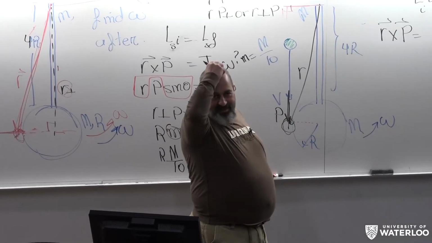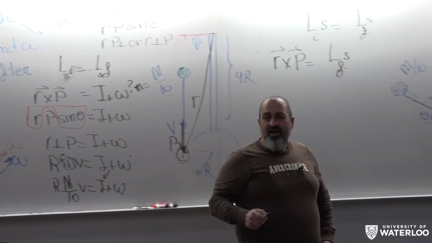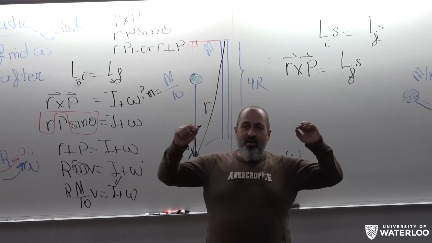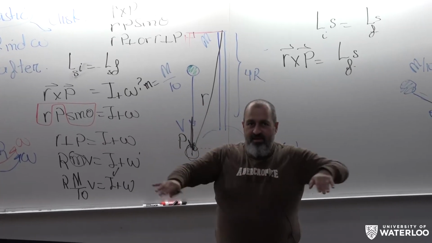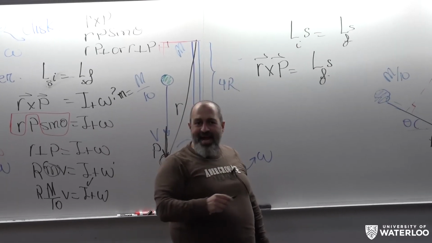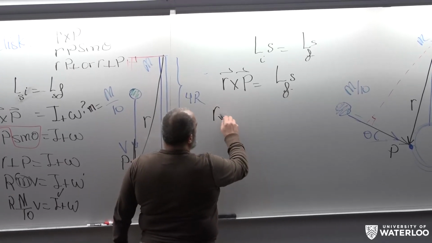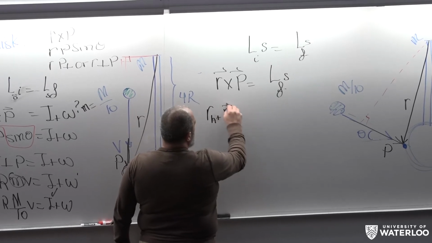We are going to break up the vectors into what? What are engineers good at? Perpendiculars. So, guys, pay attention. R can be broken up into R horizontal plus R vertical.